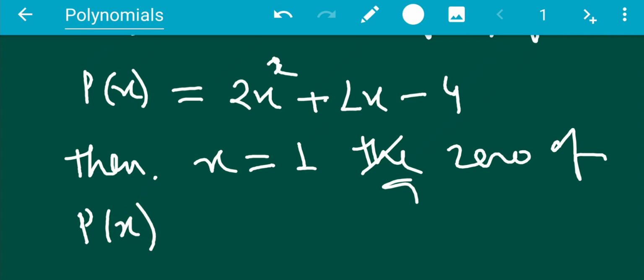This is how you find the zero of a polynomial. You guess the number, then you find a zero of the polynomial. There are other ways also. This is a quadratic equation, so surely you can consider middle term factorization to obtain the solution. So this is how you can proceed. The number at which the value of p(x) is 0, that number is called a zero of the polynomial.